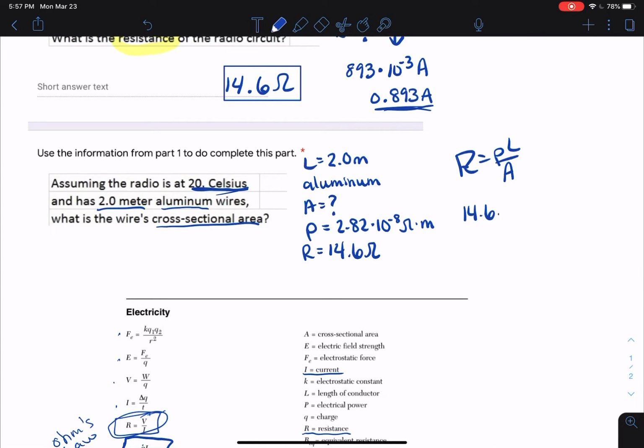So 14.6 ohms equals 2.82 times 10 to the negative 8 ohms times meters times 2 meters divided by area. I'm going to multiply by area on both sides. And then basically it's just an algebra problem where you solve.